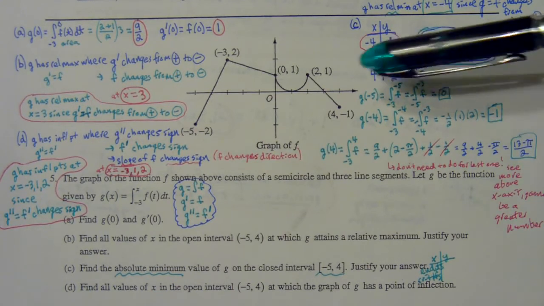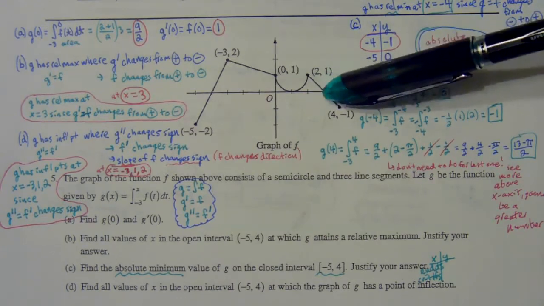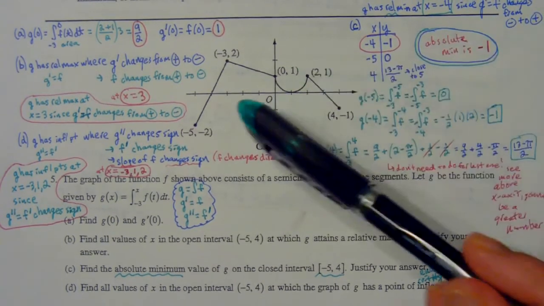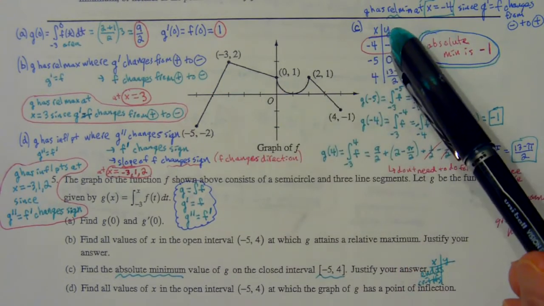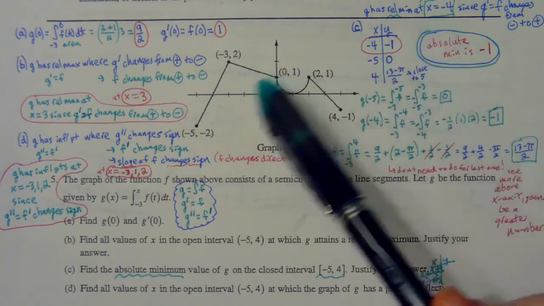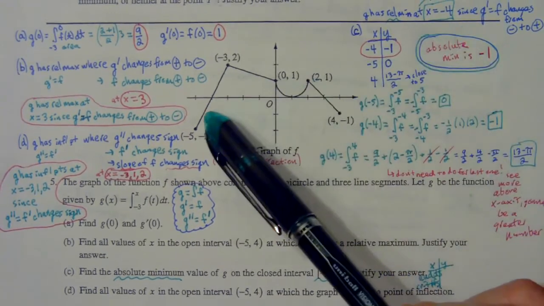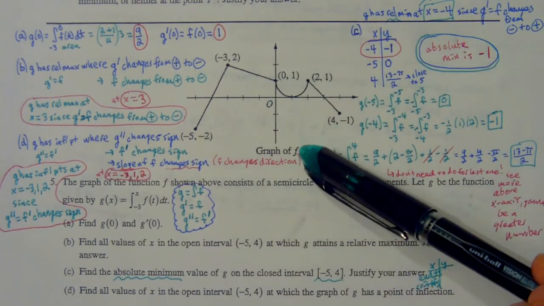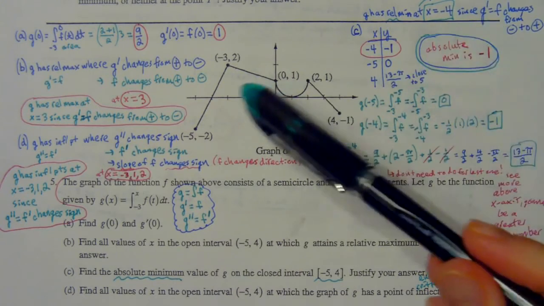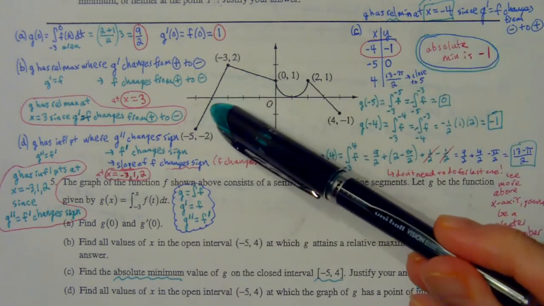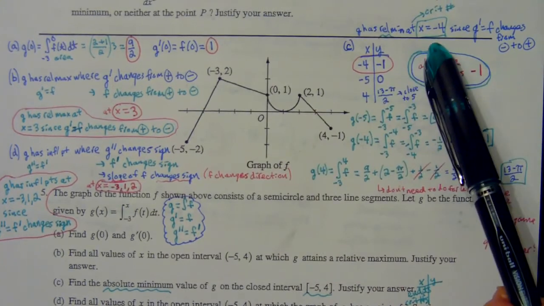As we look at that, we already mentioned how this was a relative max on the G function, and we also mentioned how this was a relative min. So since this G graph has a relative min at x equals -4, since this is your G prime graph, the G prime is equivalent to F. Since this graph changes from below to above, that's a relative min on that G function right there.